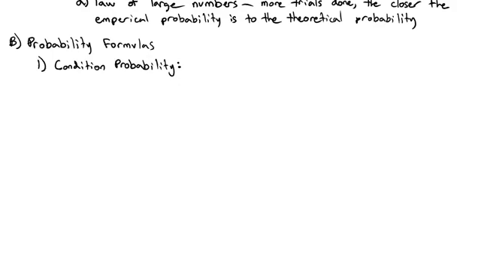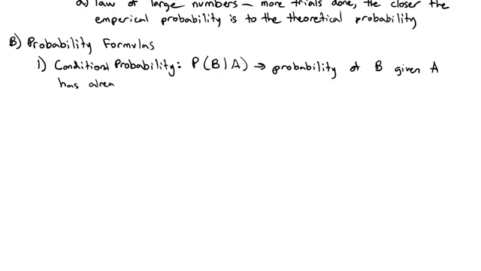In a conditional probability, we write it as the probability of B given A, or with a vertical line between B and A. And what that means is the probability of B given A has already occurred.